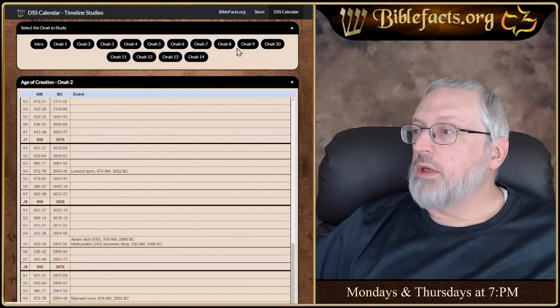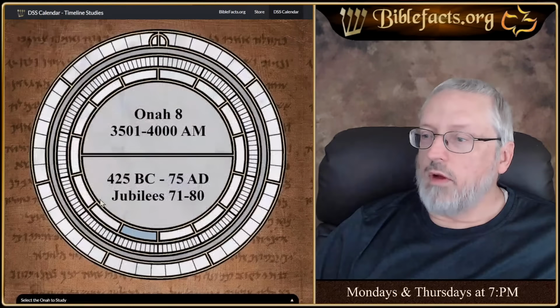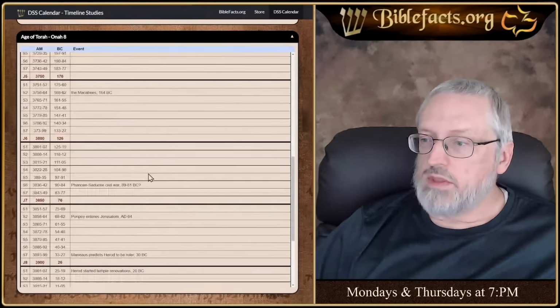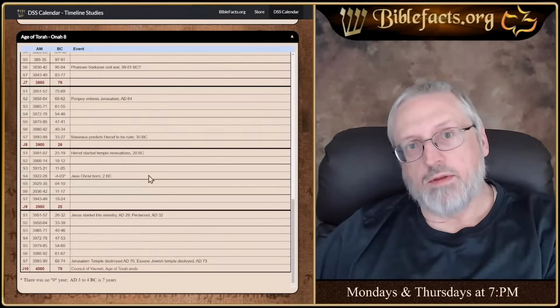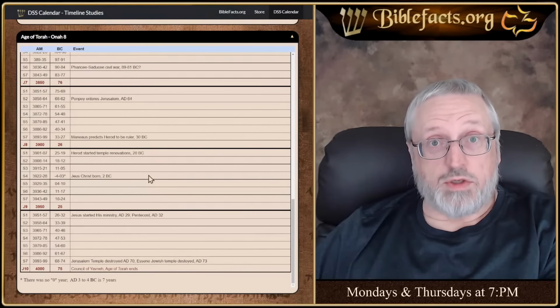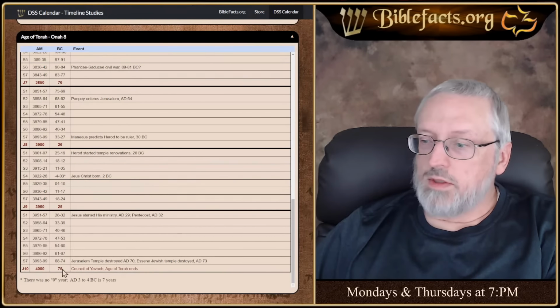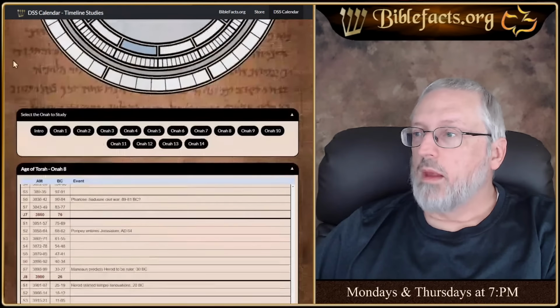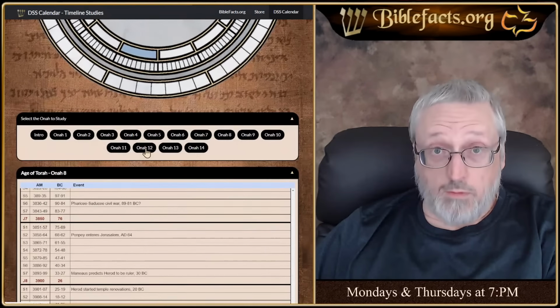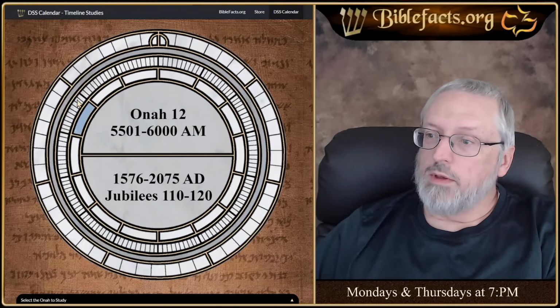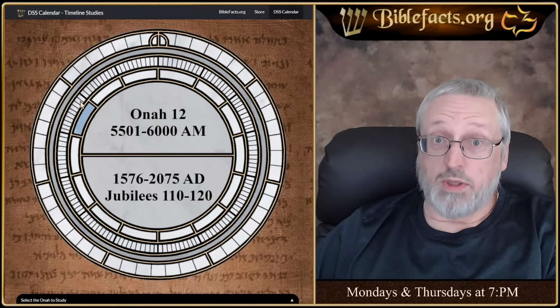The interesting thing is when you get up to ona 8, you have all the apostasy and the things that happen with the first coming of the Messiah. And we'll end up studying this and putting more information in as we get more information from the scrolls, and how that all works, and the end of the different ages. And we are currently in the 12th ona. So in this 12th ona, right here, we're in the next to the last Jubilee.